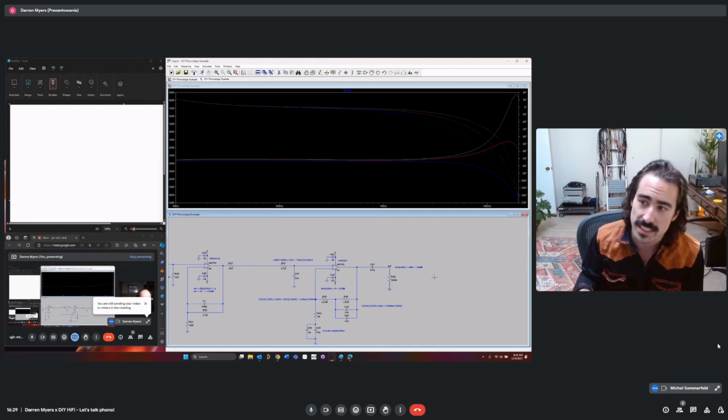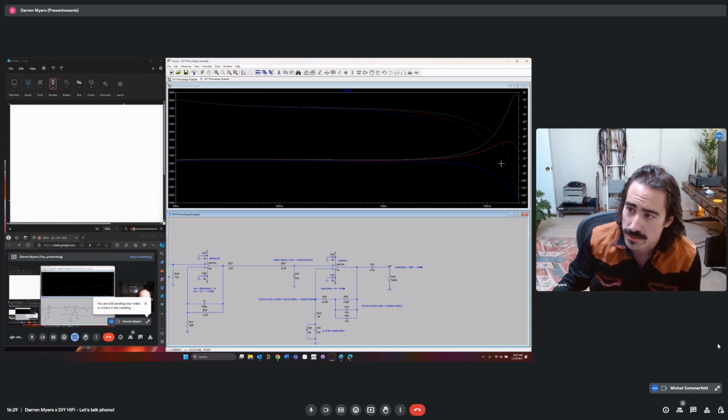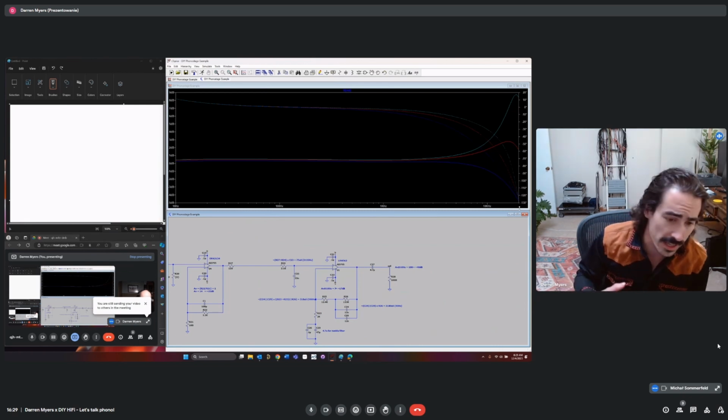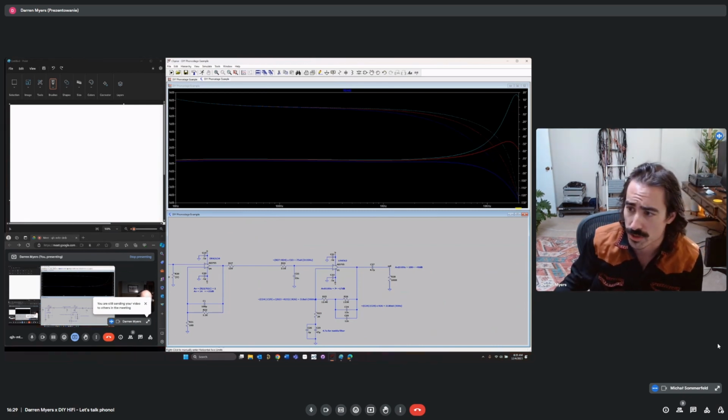It's affecting the damping. So we have an underdamped response here, and we have a lower Q response, and then a Q that's obviously less than 1 on the blue line.